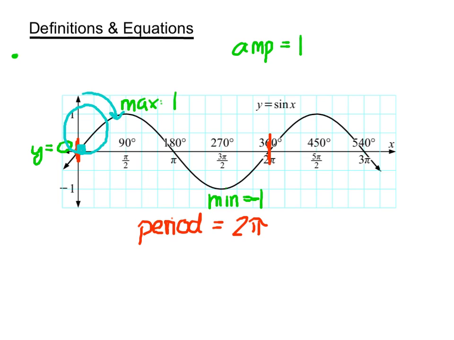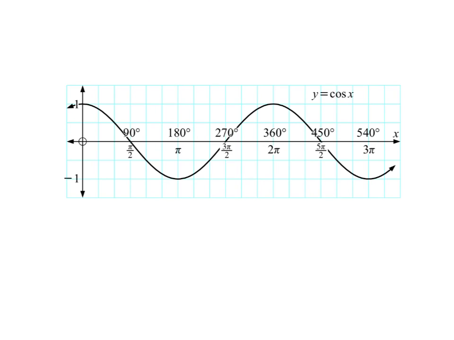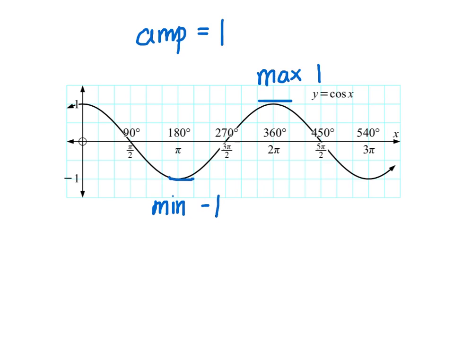Okay, let's quickly look at the cosine function as well. Notice for the cosine function, we also have a max of 1 and a minimum of -1. So my amplitude, again, is 1. Also notice that the period is still going to be 2 pi, but at the origin I'm starting at a function value of 1.